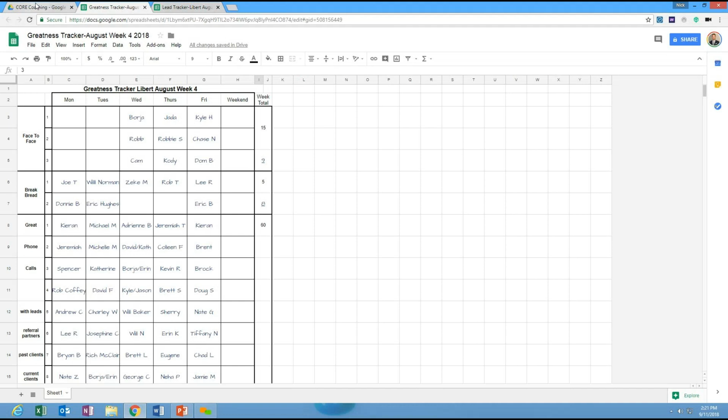That is what you should have open at all times: your MLS, your Gmail or whatever your mail system is, your calendar, your Greatness Tracker, and your Lead Tracker. They need to be open on your desktop or laptop, because otherwise you're not able to quickly transfer data as you have these conversations.